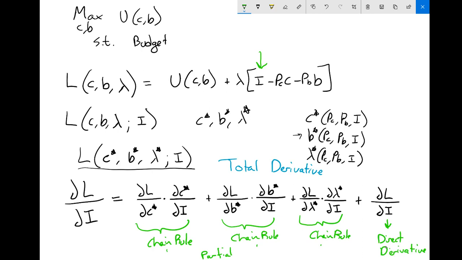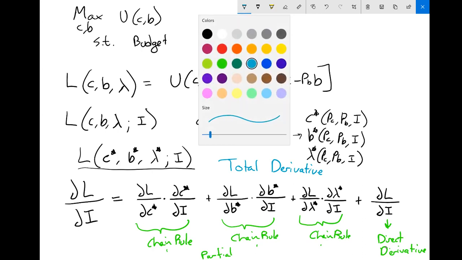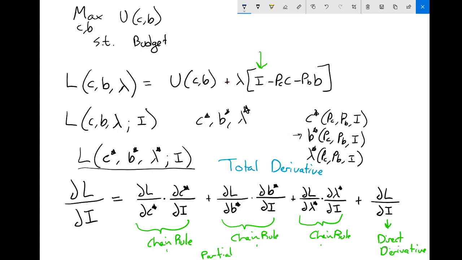Okay. Now if you remember from our discussion of the envelope theorem, I'm just going to write it up here. The envelope theorem says that the derivative of a function at its maximum with respect to a parameter is just equal to the direct derivative. I'm going to put a star down here to symbolize that that is at the optimum.